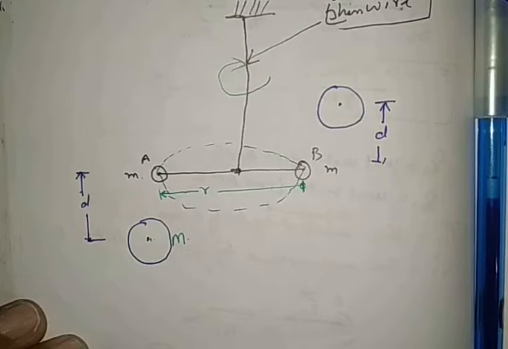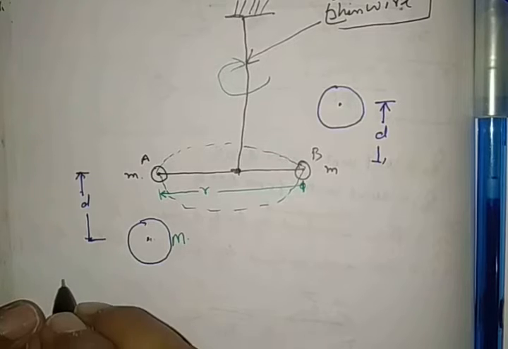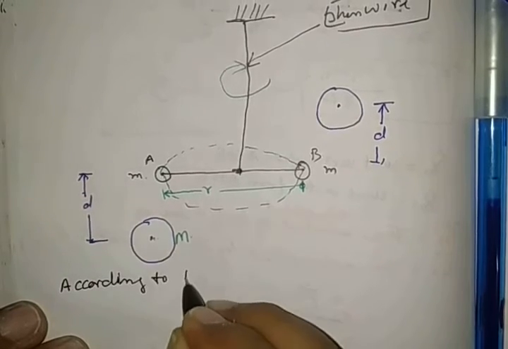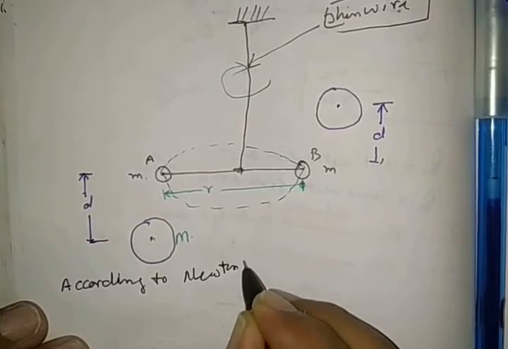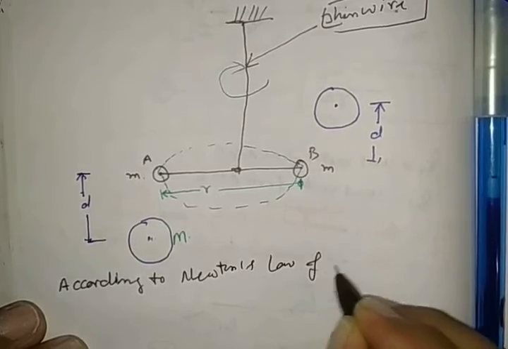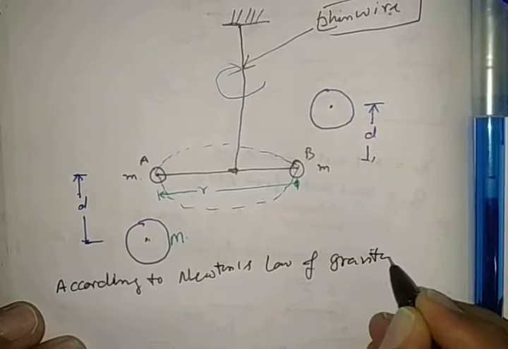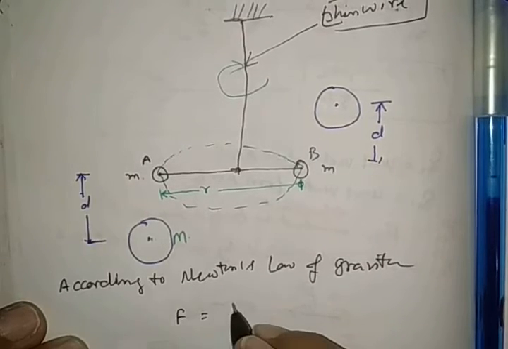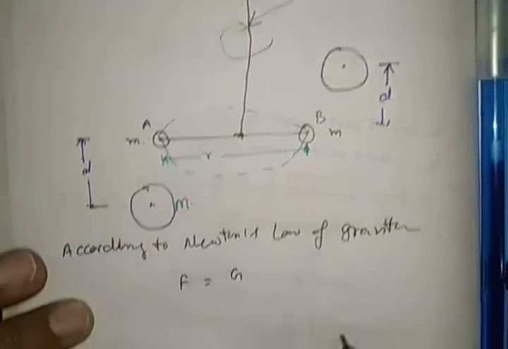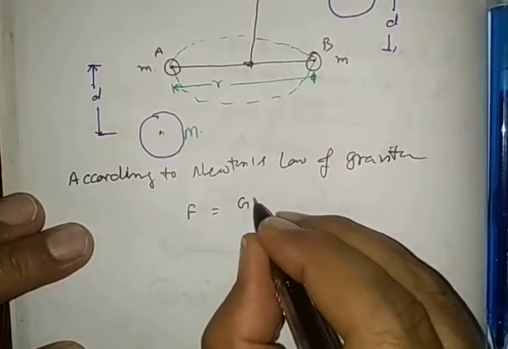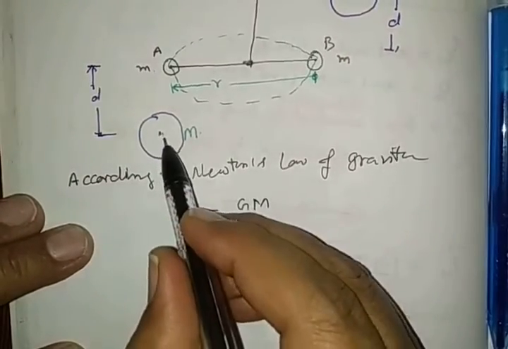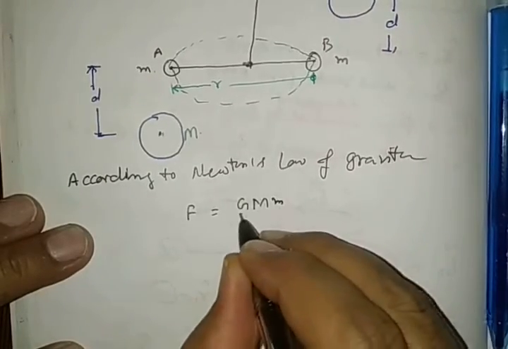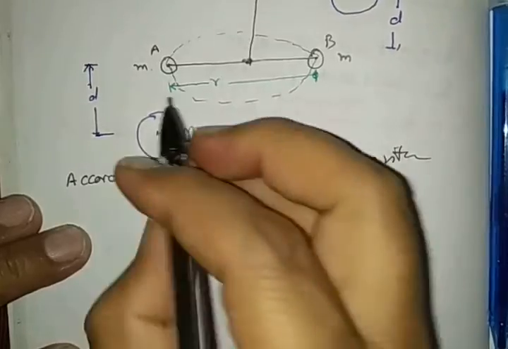According to Newton's law of gravitation, the gravitational force acting is given by the formula F = G M m / d², where M is the mass of the heavy body, m is the mass of the smaller body, and d is the distance between both.